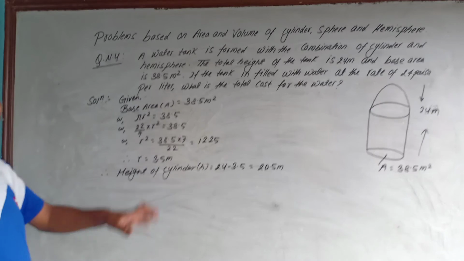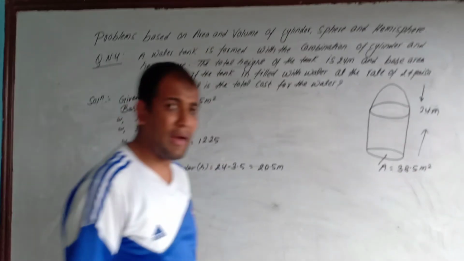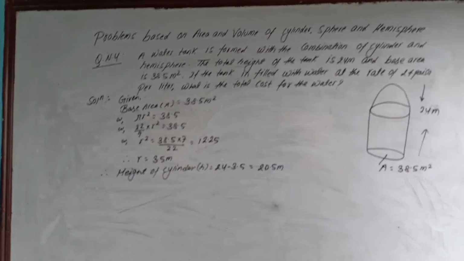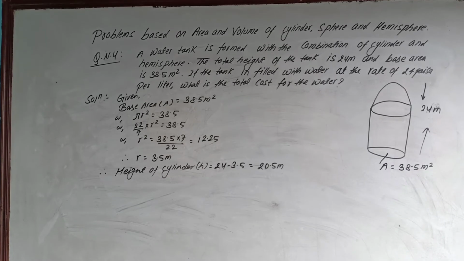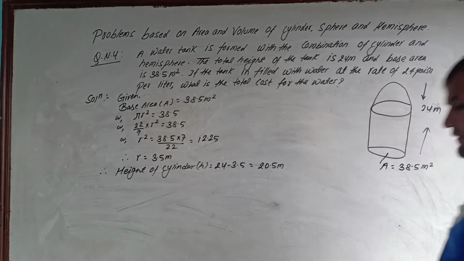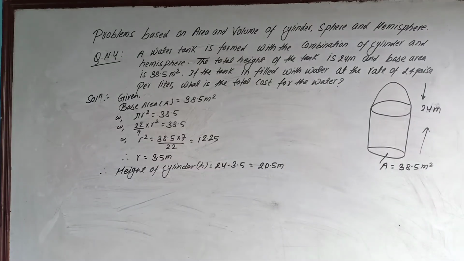The height of the cylinder is 20.5, then we find the volume of cylinder as well as the volume of hemisphere.